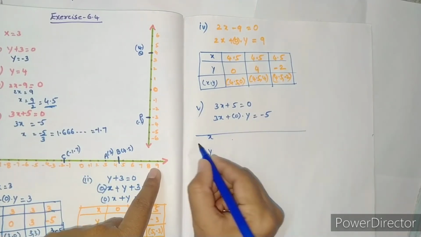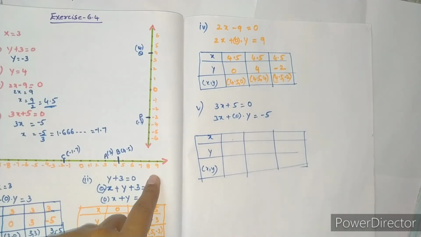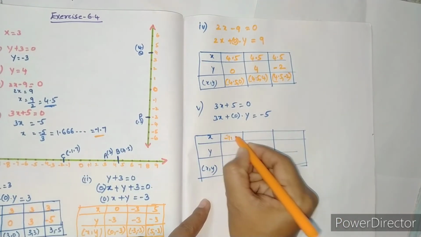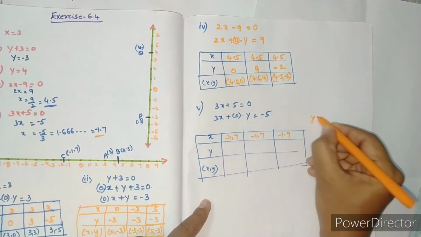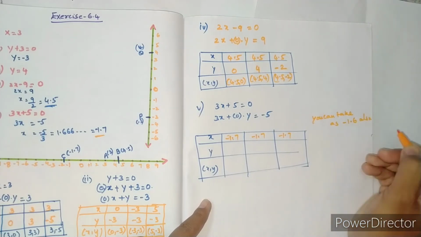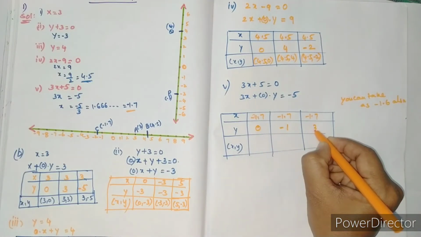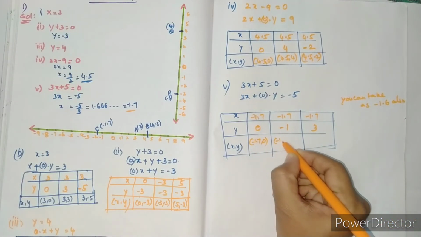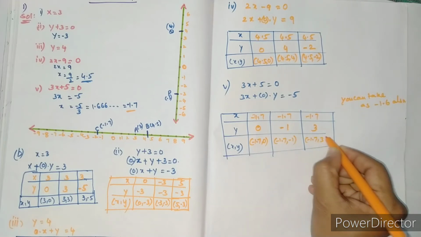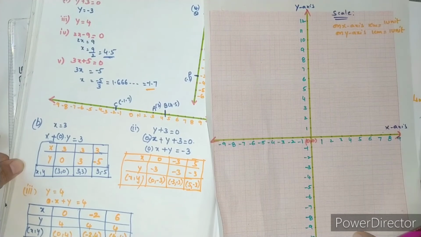The x value is always minus 1.7 and we can change the y values. Here you can also take 1.6. I adjusted it now, but without adjusting you can take 1.6 also. Here y is 0.